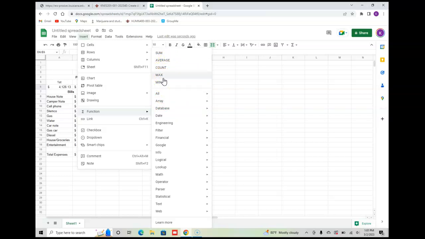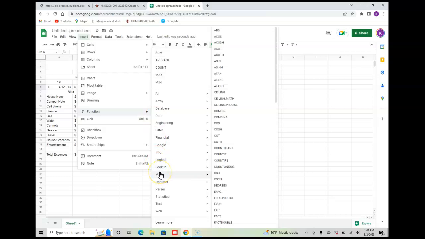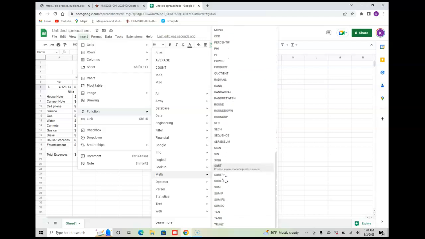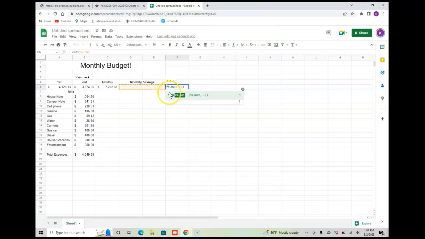Let's see. No, it's not sum, but let me see if I can math. Let's see. But I know there's a way. Hang on. Whoop. Delete that.